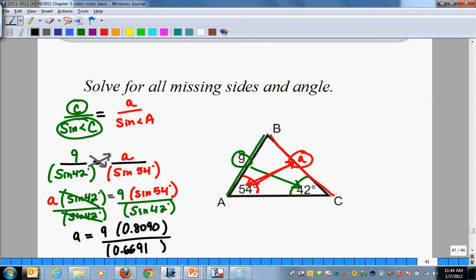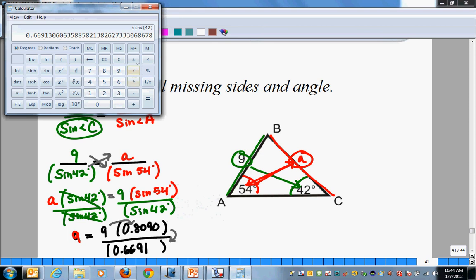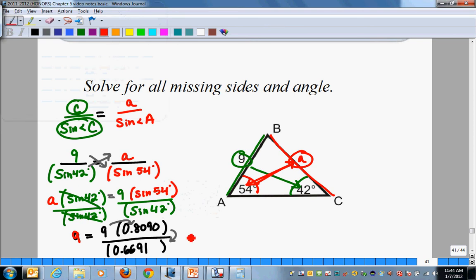So to find side A, we're going to do 9 times this and then divide by that. So 9 times 0.8090 divided by 0.6691 equals, we get 10.9. So side A equals approximately 10.9.